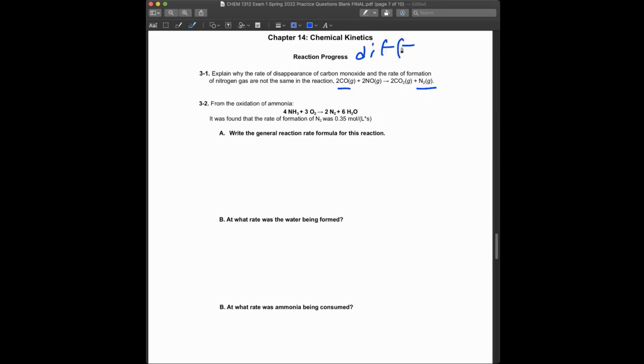Per 2 moles of CO yields 1 mole of N2, so the rate of carbon monoxide consumption is more than the rate at which nitrogen gas is forming. So we can say different stoichiometric coefficients. Does that make sense, everyone?